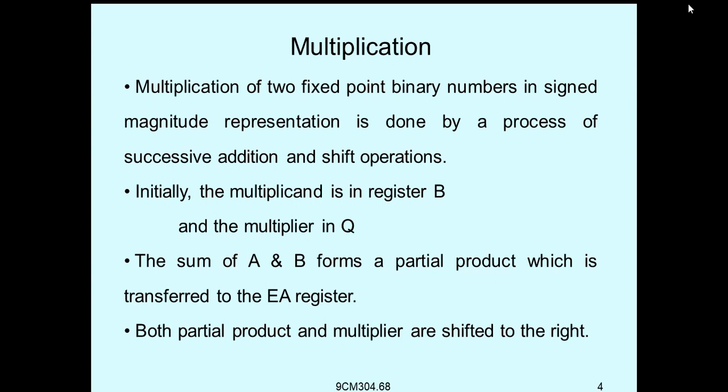Here the multiplicand is placed in the B register, and the multiplier is placed in the Q register. The sum of A and B forms a partial product which is transferred to the EA register, and then both the partial product and the multiplier are shifted to the right.